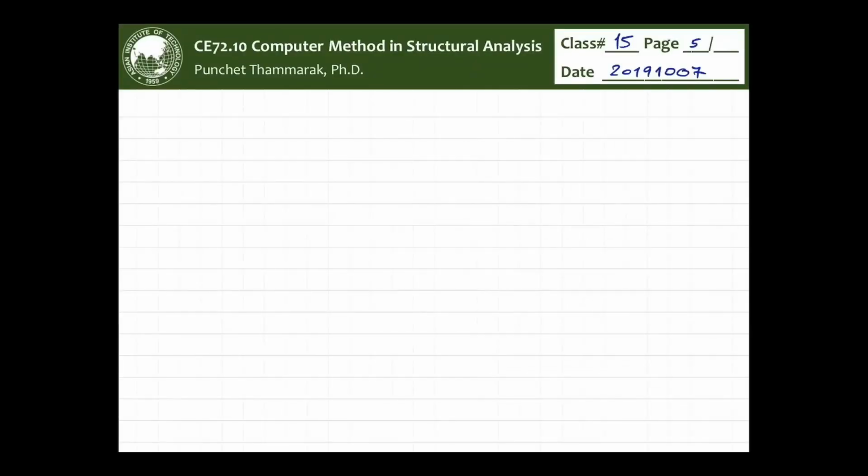What you have to do in your homework? Plot, yes. What values? Well, you just go ahead with the KL, right?